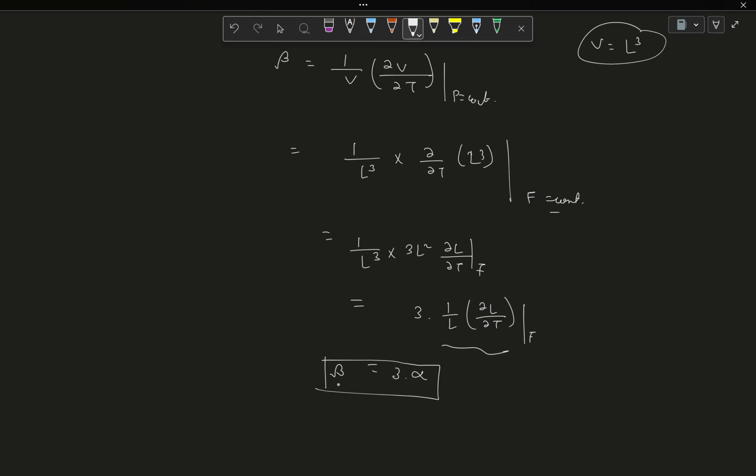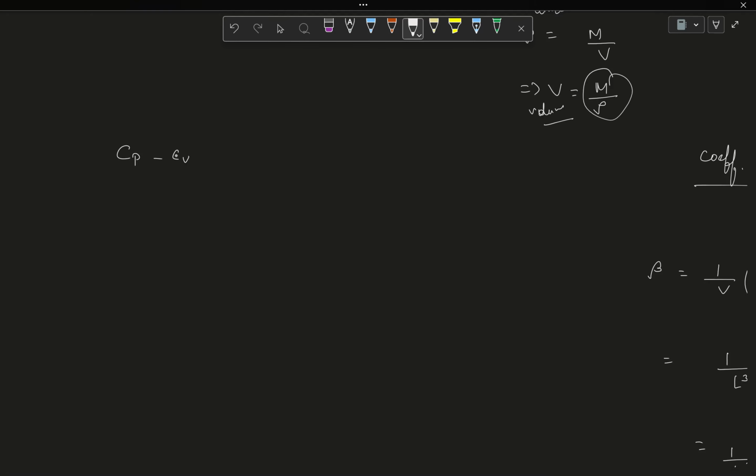Now let us go back. What we need to calculate here is Cp minus Cv. Now you can find it out from the book or from the lecture itself, that Cp minus Cv has a generic expression that you can use directly here. From the first law of thermodynamics chapter, you can directly find it.